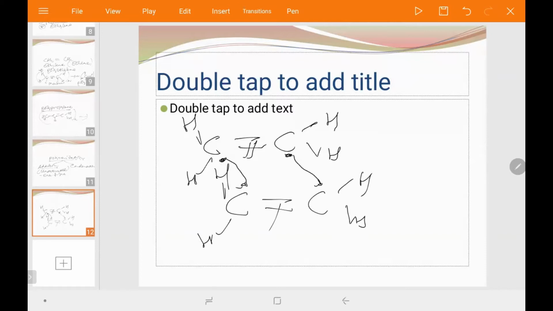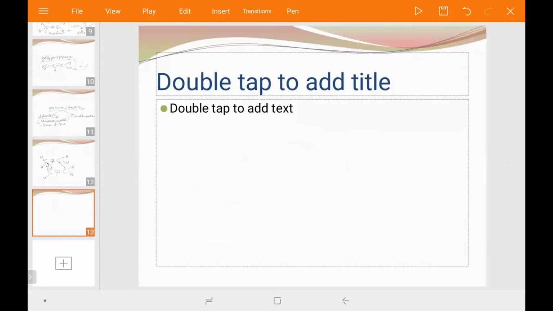Likewise it goes on. When you use n moles, n may be 10,000, n may be in millions, according to the nature of the polymer. So we can form a huge molecule known as polymer. It is polyethylene or polypropylene accordingly. So this is what you call addition polymerization.